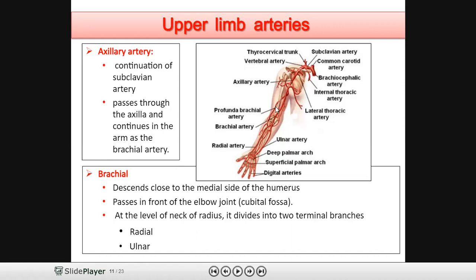Profunda brachii artery comes to supply some of the muscles of the upper limb also. So this is a continuation of brachial artery, but a part of it comes to form the profunda. Profunda means deep, so deep brachial artery. So it's going to supply the deep muscles of the upper limb.